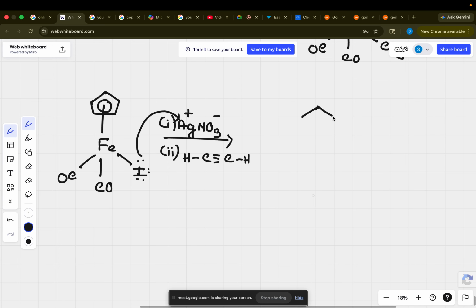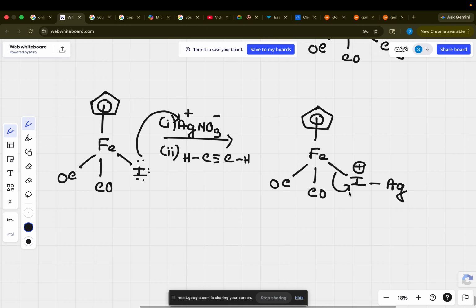So you have this cyclopentadienyl ring, here you have the iron center, and two carbonyls are also present. Iodine carries a positive charge and silver is getting neutralized, right? Next will be what?